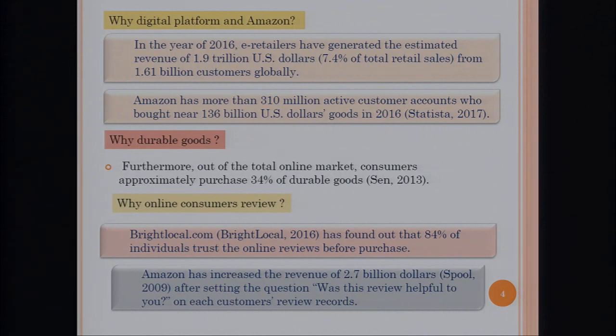In 2016, e-retailers generated an estimated 1.9 trillion US dollars from 1.61 billion customers globally, and Amazon has more than 310 million active customer accounts who bought near 136 million US dollars of goods in 2016. Why durable goods? Approximately 34% of durables are purchased by consumers from the total online market.